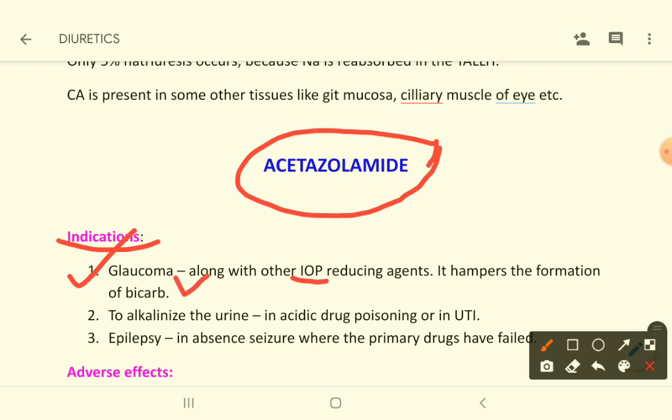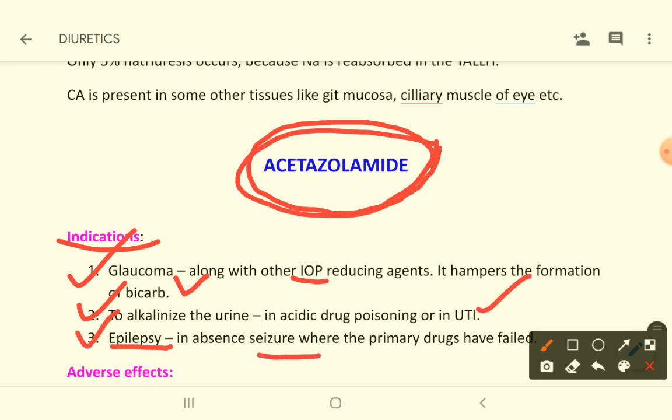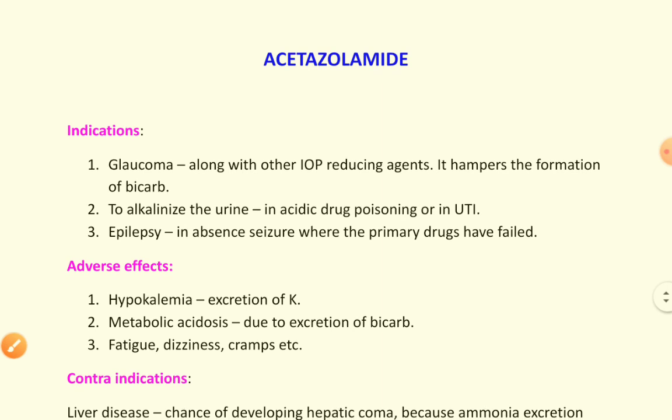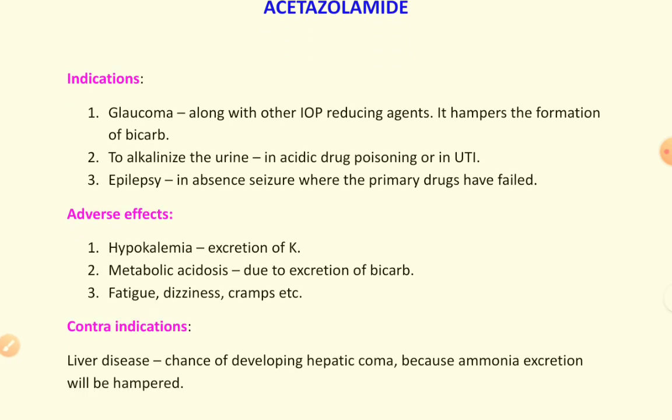It is also used to alkalinize the urine in acidic drug poisoning or in UTI, and in case of epilepsy in absence seizure where the primary drugs have failed. Okay, so in glaucoma we have talked about this in anti-glaucoma drugs, how acetazolamide can be beneficial in those things, and this can also be used to alkalinize the urine in acidic drug poisoning and in case of epilepsy.